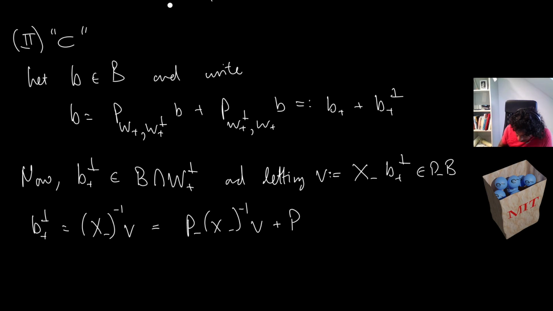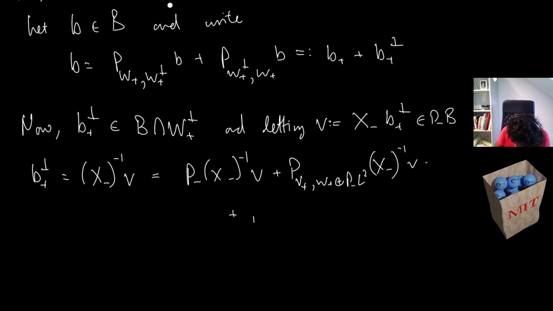Now I'm going to split the positive projector now into V plus and the W plus. So I have V plus W plus P minus L2 of chi minus inverse of V, and now I have PW plus V plus P minus L2 chi minus inverse of V.